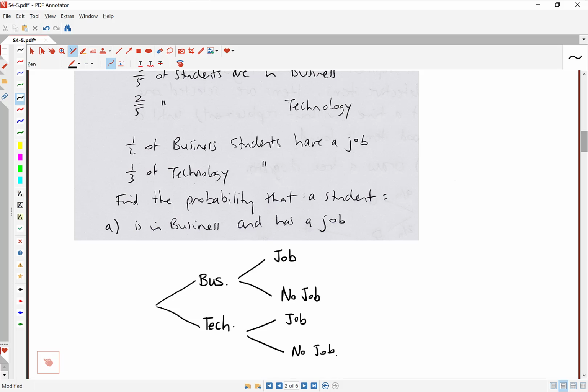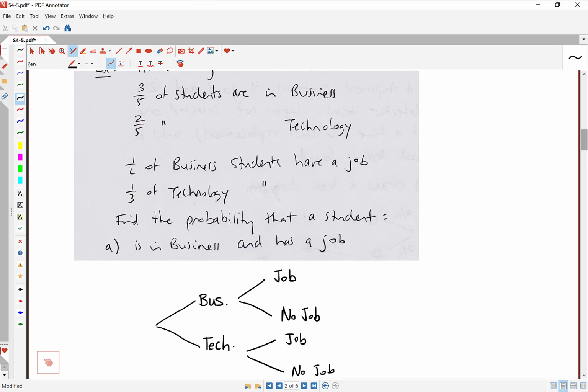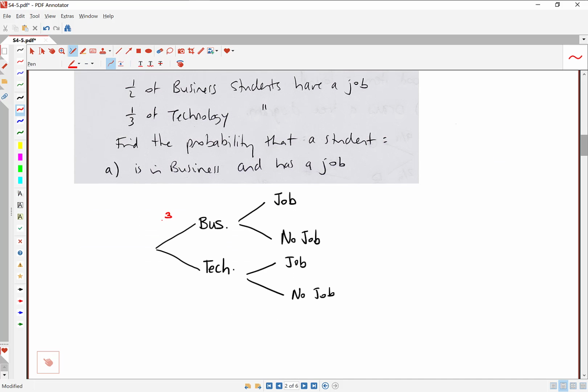So let's see if we can put all the probabilities on here. We're told that when we look at all the students, 3/5 of them are in business, 2/5 are in technology. So 3/5 probability that a student is in business, or 2/5 probability that they're in technology. And then from there, we've got the job information.